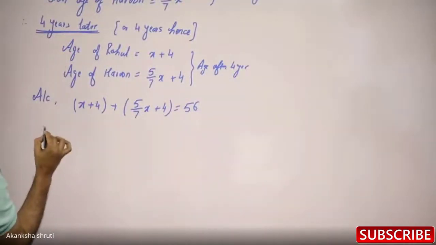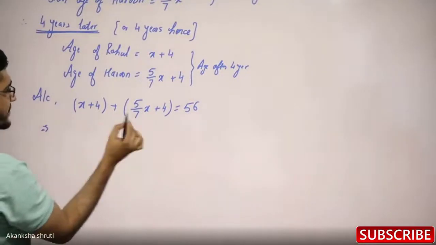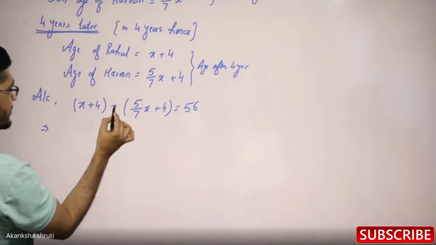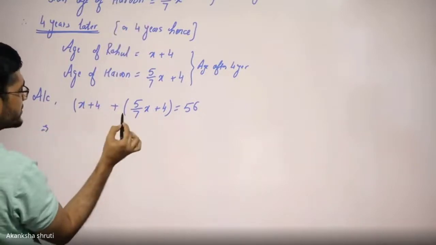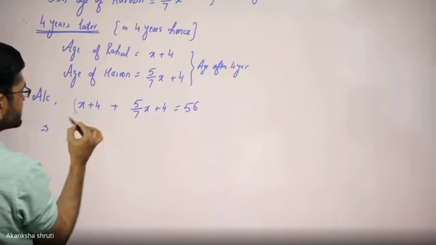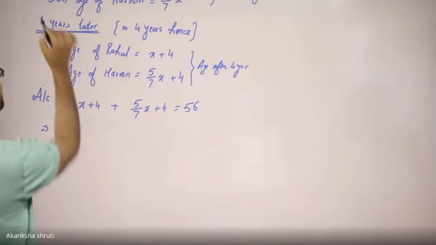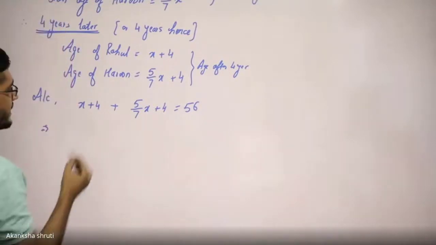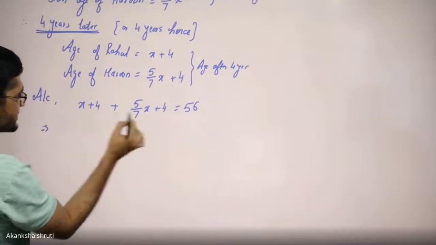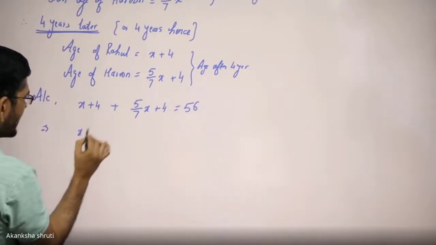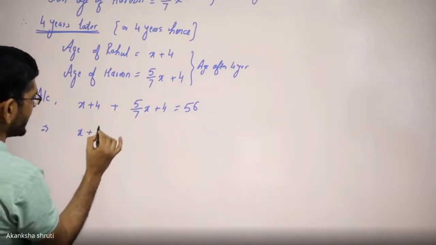So go for adding this. Again, the same thing: we need to remove the bracket. While removing the bracket, there is no sign change, because the sign between the brackets is plus. So we can leave it. You need to write this statement again. Now x and x are there, so you need to add these x together.